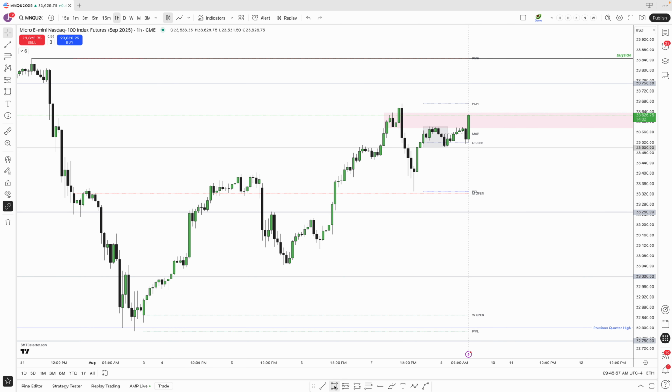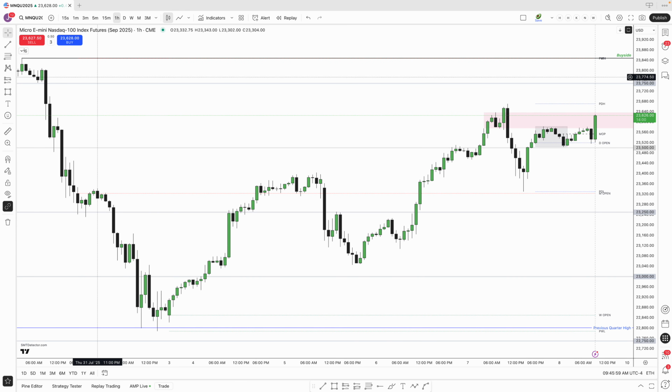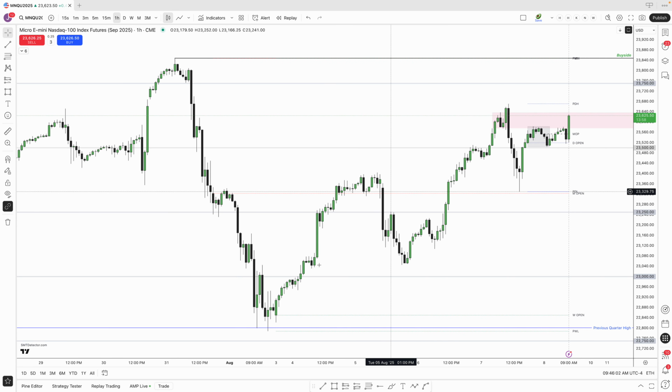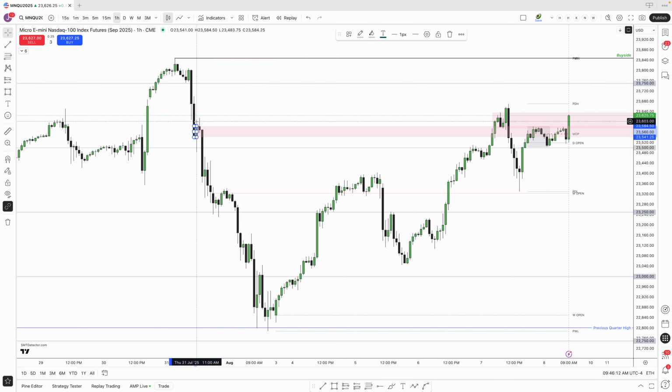So if we do continue higher, obviously we're in this larger buy model here, left side, right side, which we've been working all week, which is probable. I mean, we can definitely make a valid point to take longs, especially if we get a nice closure like that on the hourly in these next 15 minutes.